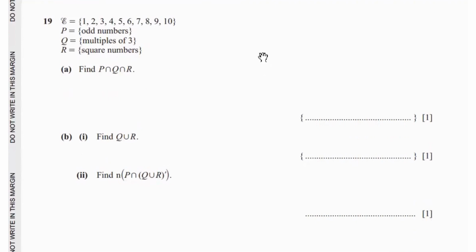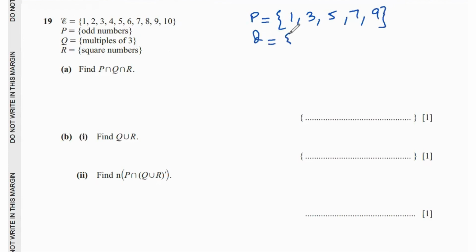Question 19 says we have a universal set which has the numbers 1 to 10. P is a set for odd numbers, Q is a set for multiples of 3, and R is a set for square numbers. So if we write the elements for each of the sets, P is going to be 1, 3, 5, 7, and 9.